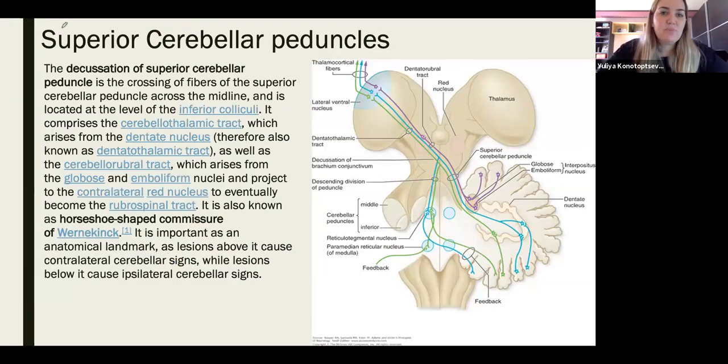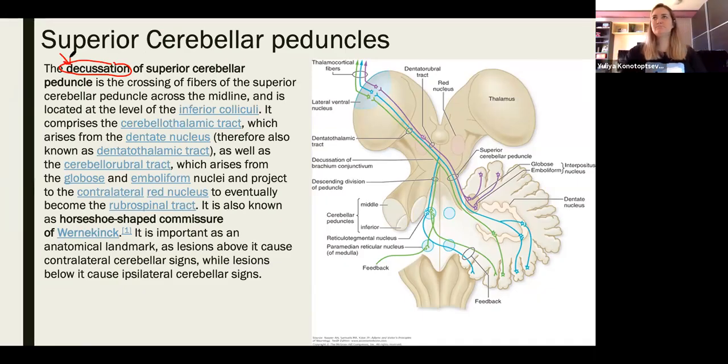Okay, let's talk about the superior cerebellar peduncles. Last class, have we learned this word or no? Because I don't remember if I mentioned it. No? Okay, you remember I always tell you there's crossing of fibers. In neuro, this crossing has a name. It's called decussation.